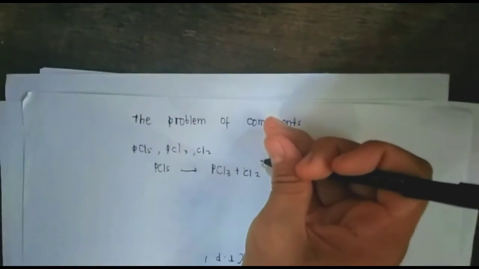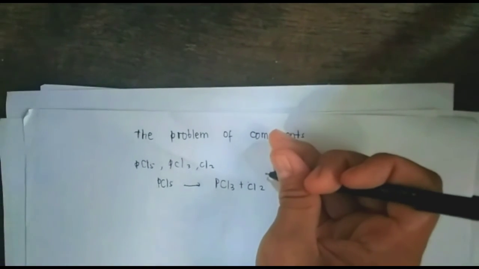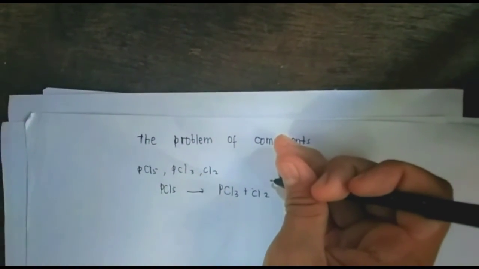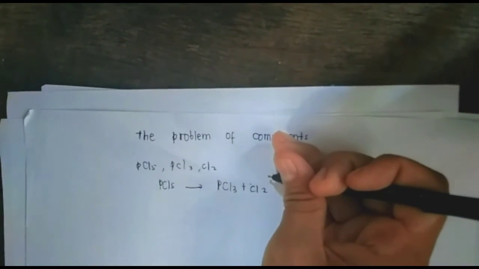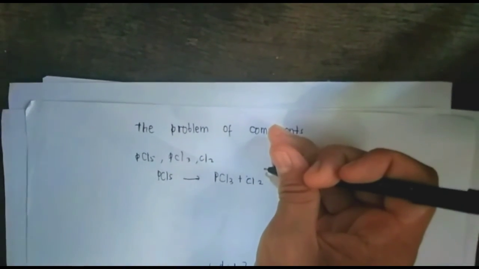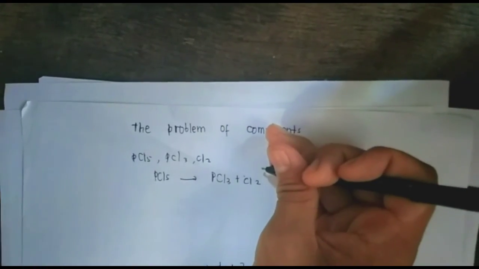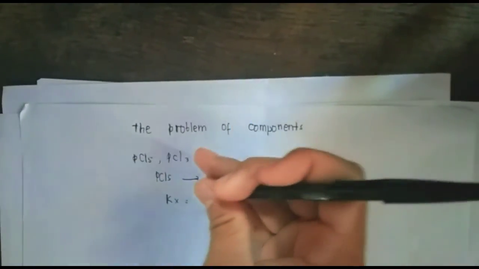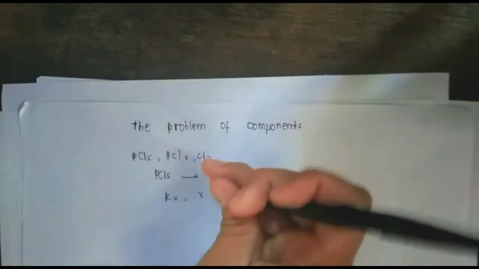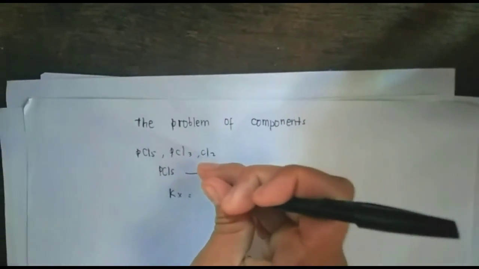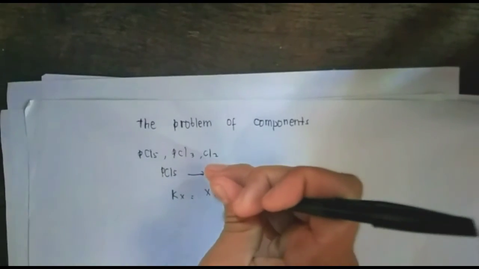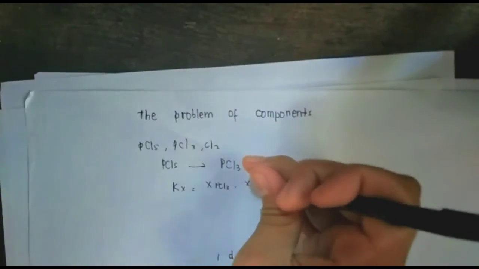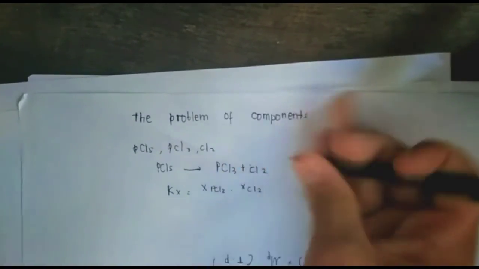One can alter the number of moles of any two of the chemically independent species, but the number of moles of the third species is then fixed by the equilibrium condition, so that we have Kx, or K total, and x PCl3 and x Cl2 per x PCl5.